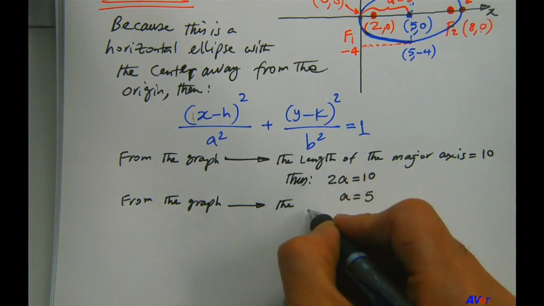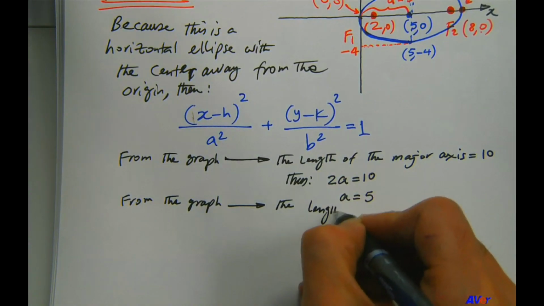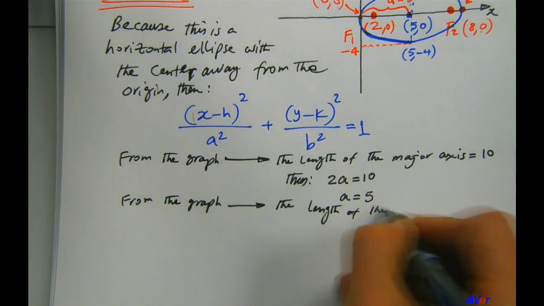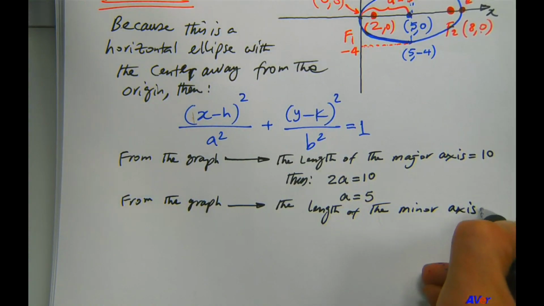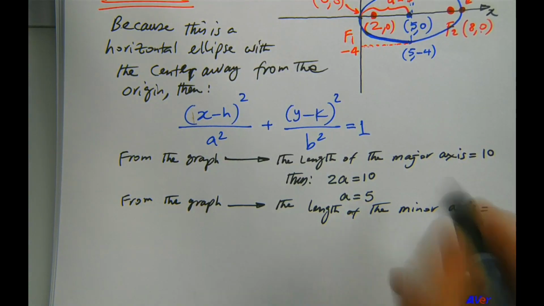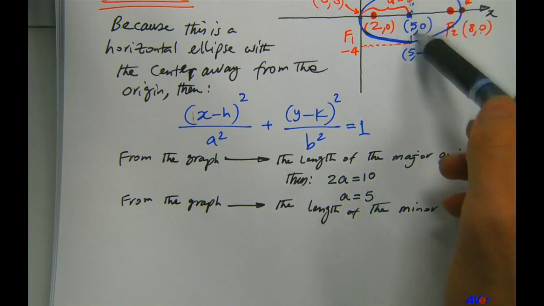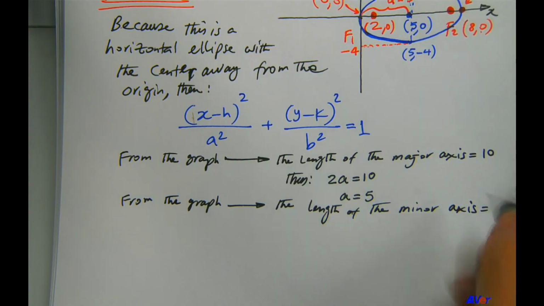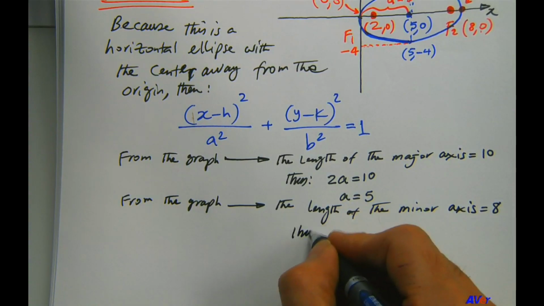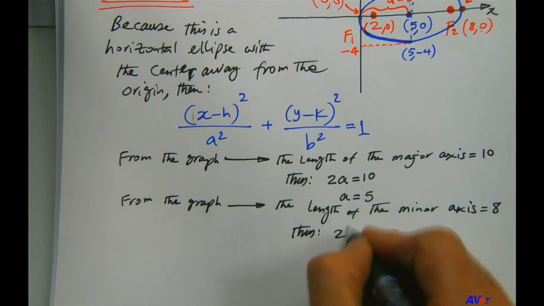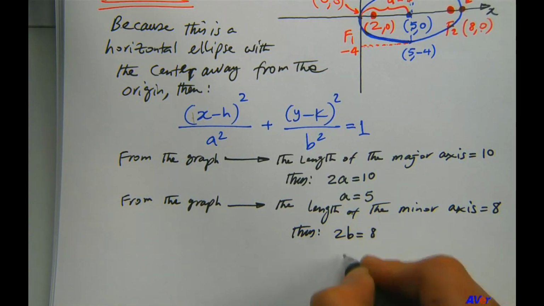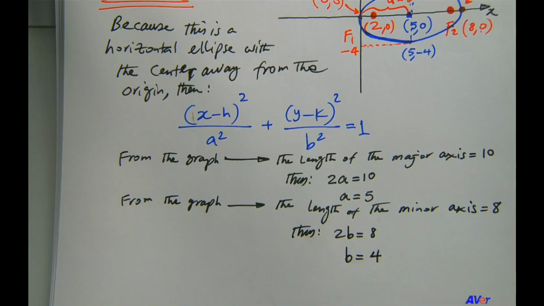The length of the minor axis, looking at this, is going to be 8, right? So that's 8. But the length of the minor axis is 2b. So 2b is equal to 8. Therefore, b is equal to 4.